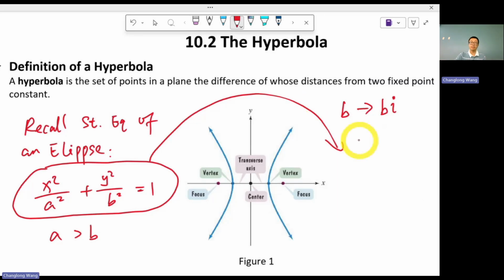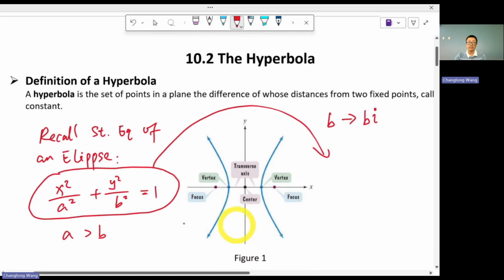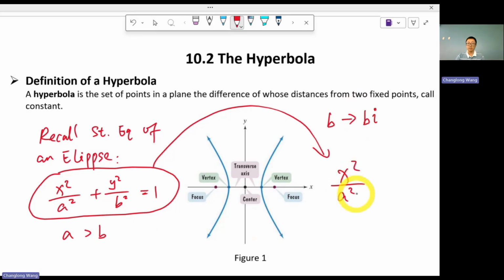Okay? So now let's see what happens if you were to write down an equation that you thought was going to be an ellipse, but instead of taking a b, wherever you see the b, replace it with bi. x squared over a squared doesn't change at all. Plus y squared over, now squaring b and i, so you get b squared i squared equals 1.